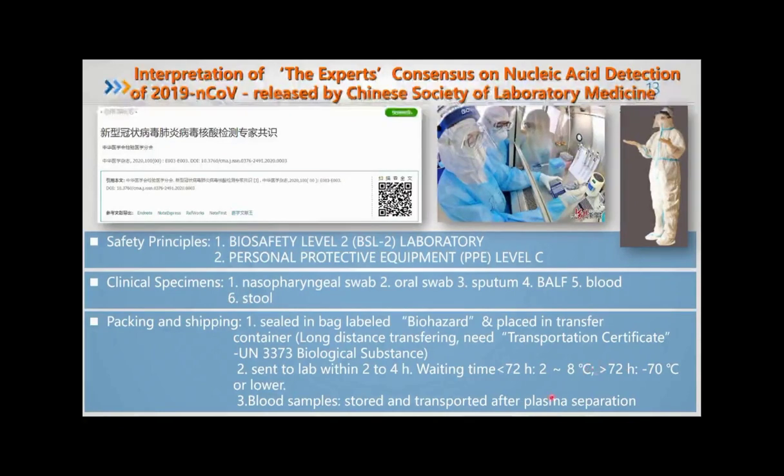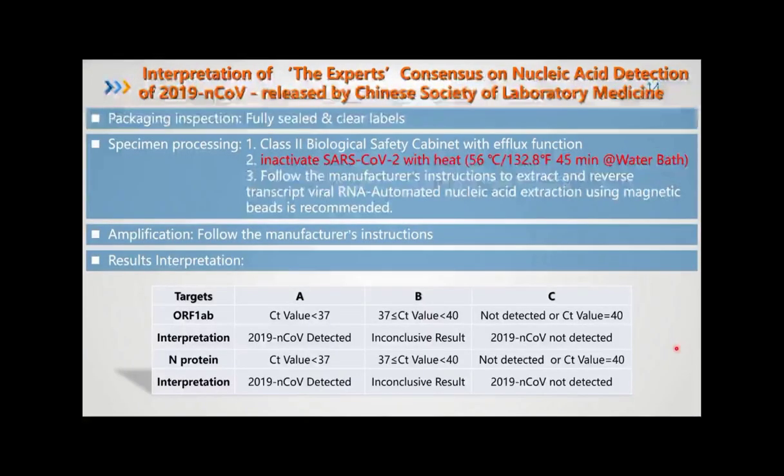For the blood samples, plasma needs to be separated from the whole blood before transportation and storage. The specimens should be fully sealed in containers, and the labeling should be clear when delivered to the lab.